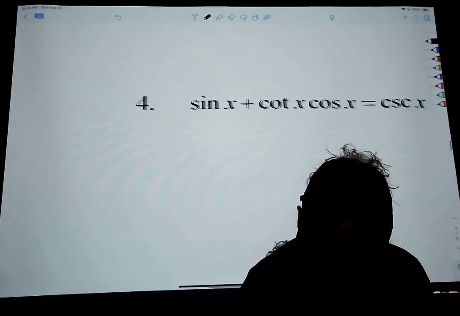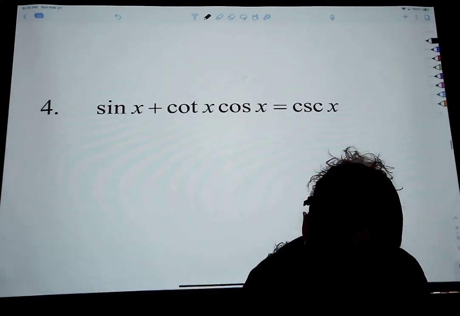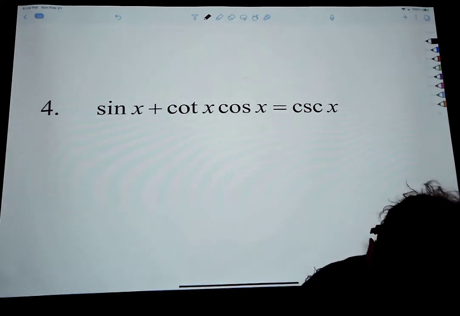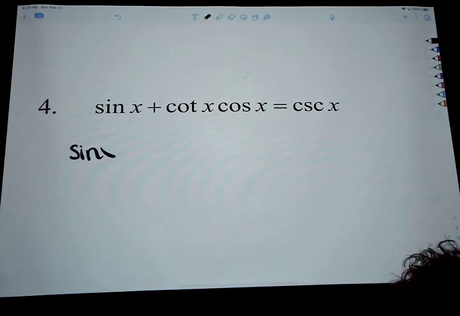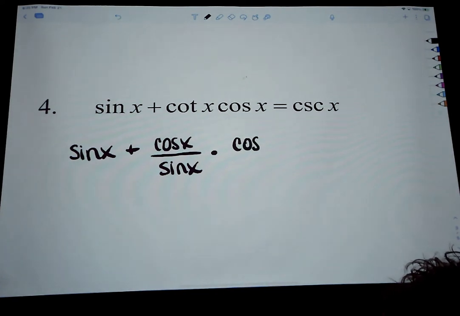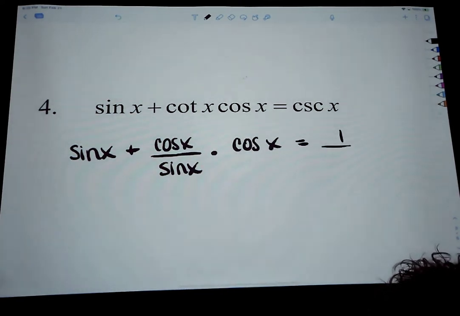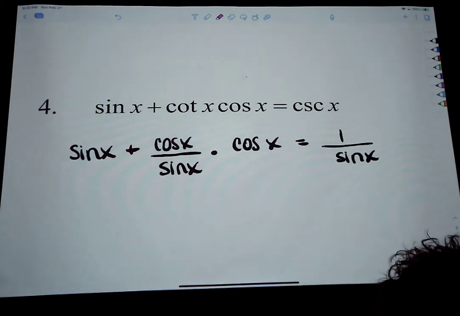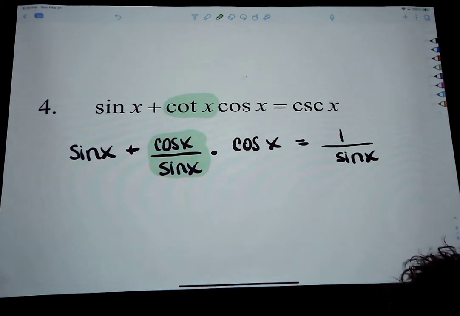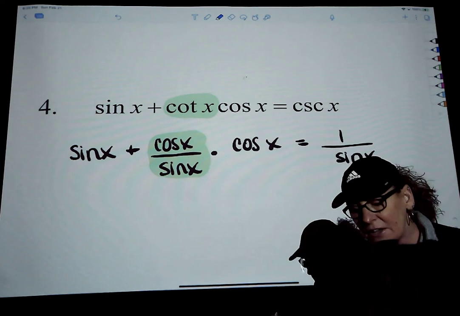One more. It's getting to be a pretty long video. Let's do one more. Sure, let's change everything to sines and cosines. So my cotangent became cosine over sine, and you could have done this or you could have not done this.